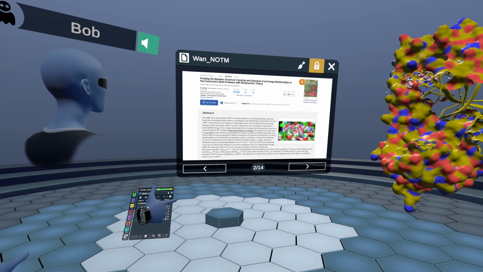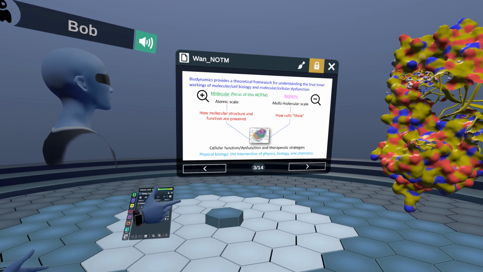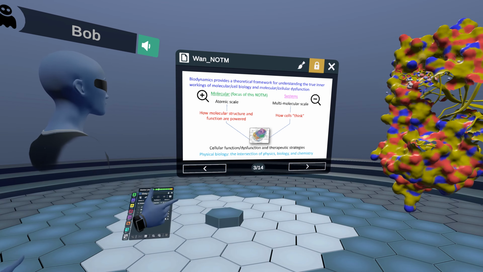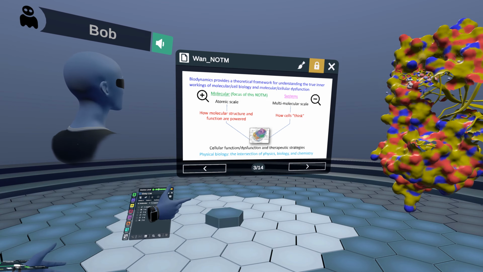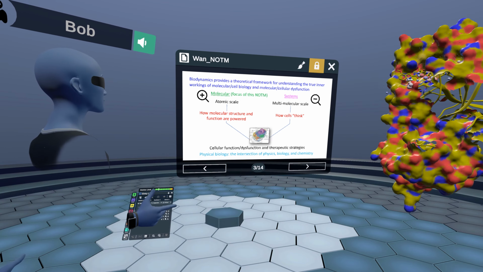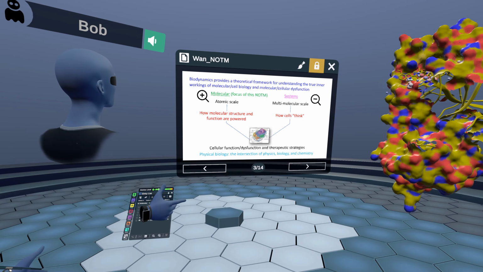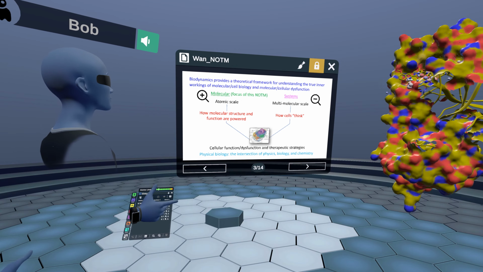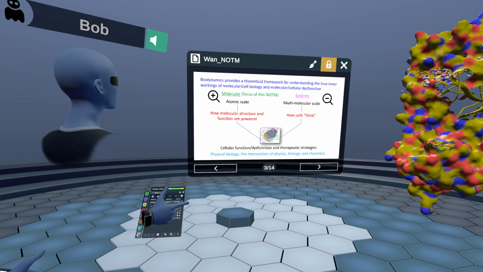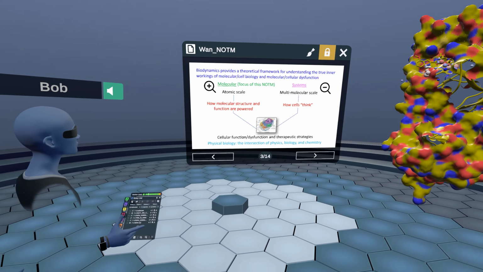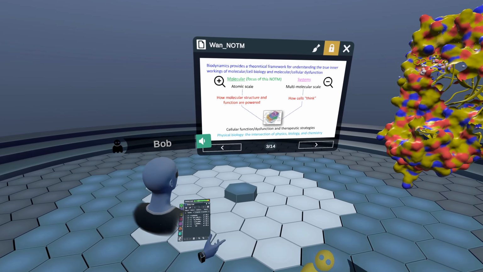So we'll start out with a big picture view of biodynamics, which again is a theory, it's first principles, it's not based on empirical science or data modeling in pretty much any way, shape, or form. So it is something that is very novel. But it's a framework for understanding how molecules and molecular systems work and how molecular systems deliver cellular functions.